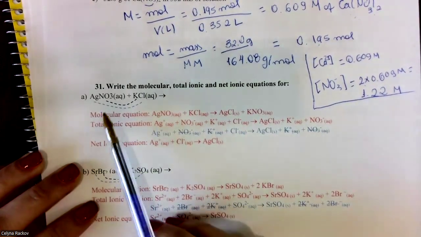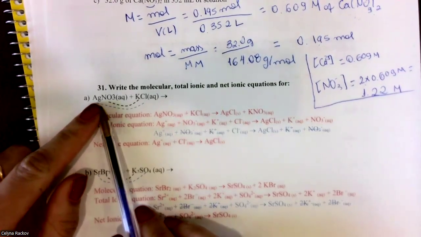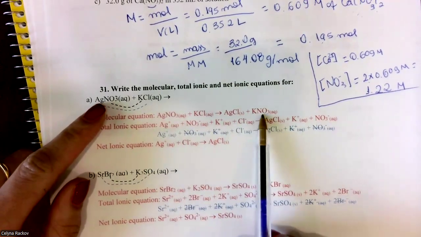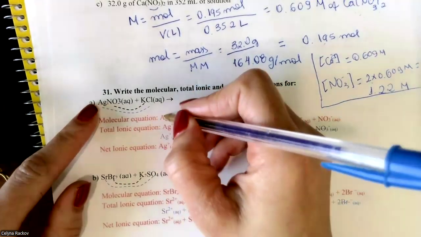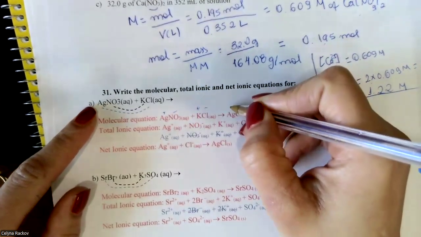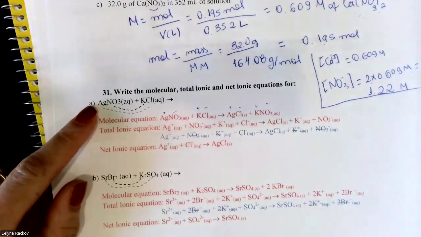So first let's do a double replacement, right? Silver is with nitrate, now it will be with chlorine, right? It's also going to be positive, negative, positive, negative, right?